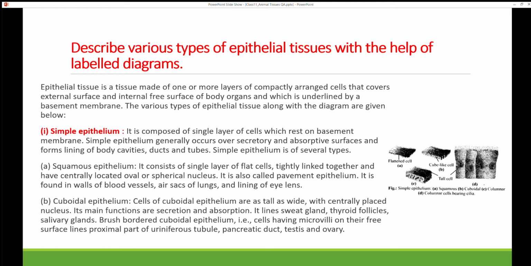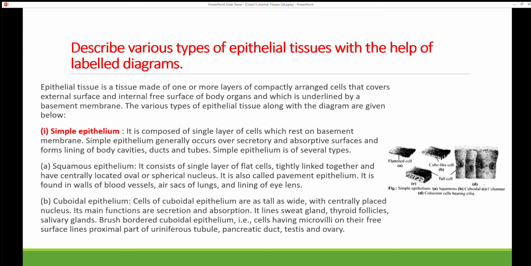Cuboidal epithelium cells are a bit elongated, a bit bigger than cube shape. The first ones are squamous or flattened; the cuboidal will be like ice cube size, a square shape. If they ask where it is found, or its shape or function: cuboidal epithelium cells are as tall as wide, with the nucleus centrally placed.